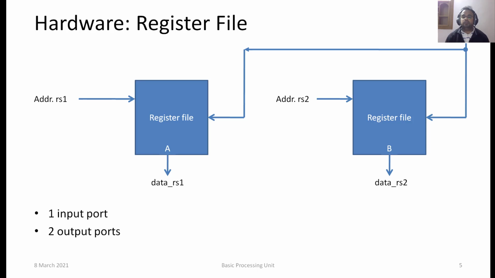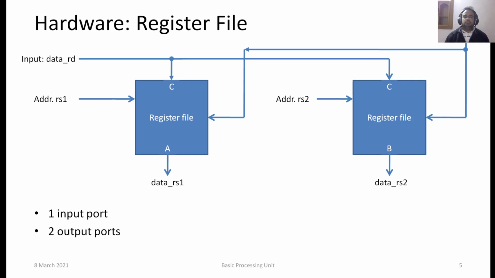We also need to take additional care that if we want to write to a register, we need to do it in both of these copies, right? So the address RD and the data RD would be sent to both of them. So this is one such implementation, and both of them will be driven by the same clock.